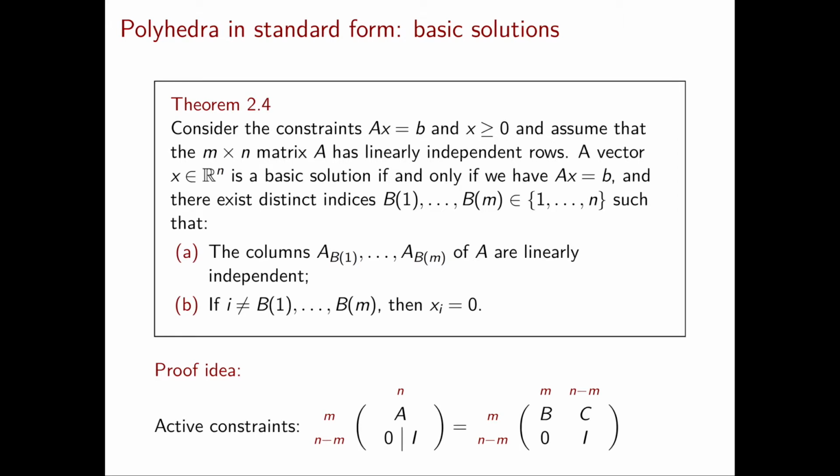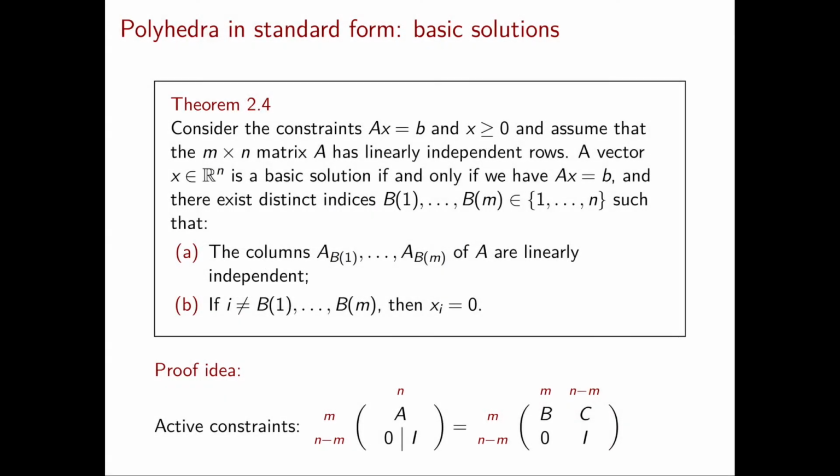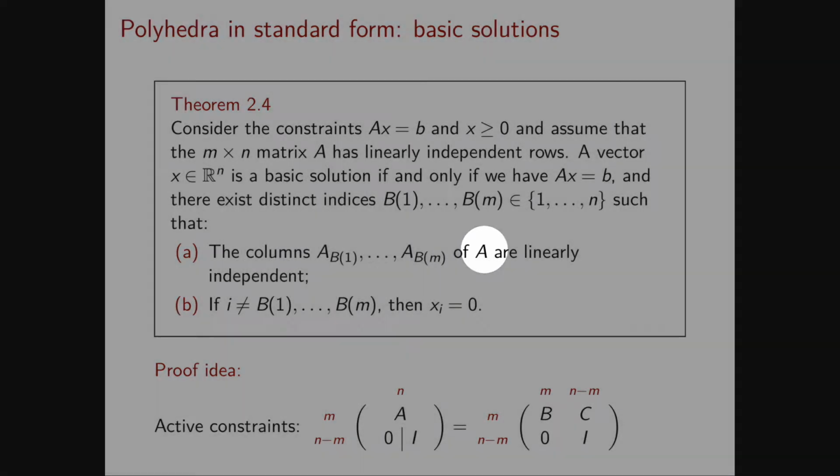So overall, Theorem 2.4 gives us this equivalent definition of basic solution for standard form polyhedra. While the original definition of basic solution was in terms of linearly independent constraints, therefore of linearly independent rows of our constraint matrix, the new definition still is in terms of linearly independent vectors, but now these vectors are columns of the matrix A instead.